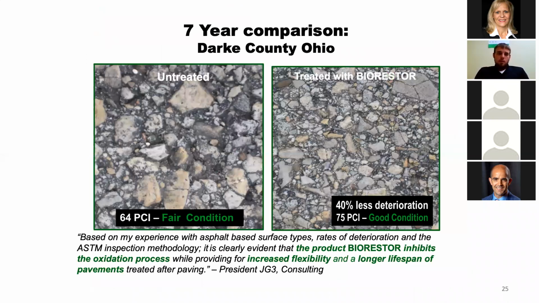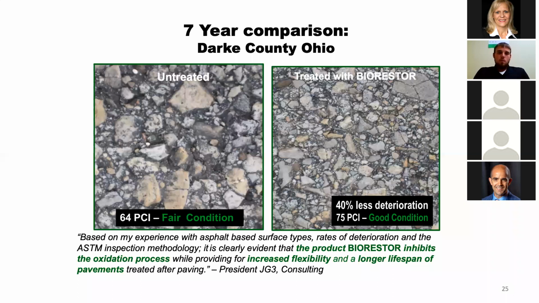This is an up close comparison of that road, treated and untreated. As you can see in the left picture, the amount of raveling that has occurred, which is the first sign of failure of a pavement. The asphalt begins to fail and the fines start to be lost and swept off to the side of the road.